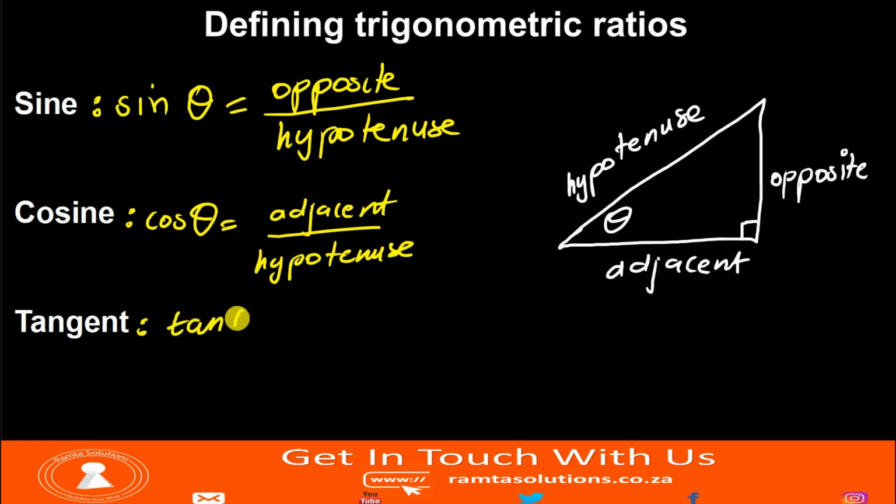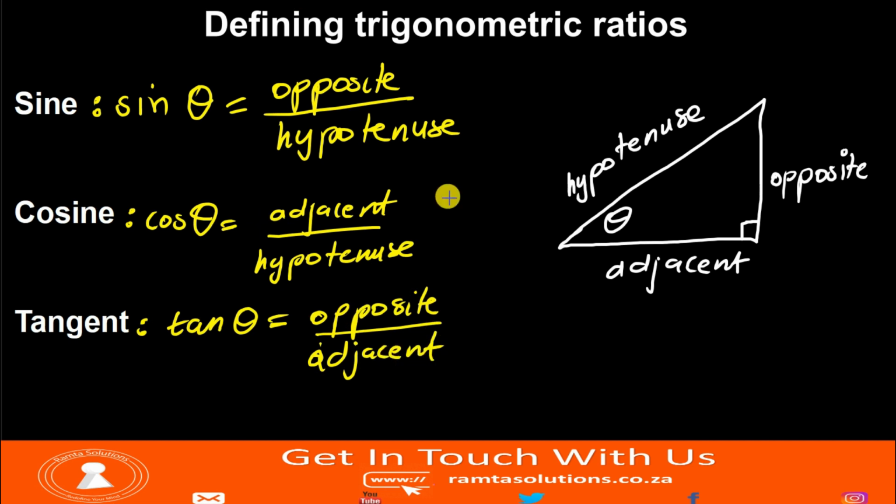So tan theta will be the opposite side over the adjacent side. Note, this only applies to right-angled triangles.